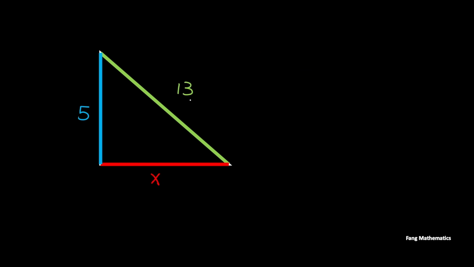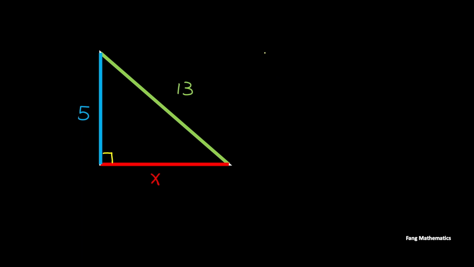Let's look at another situation where the hypotenuse is given, and given one of the legs, you are to find the length of the other. Again, you have the right angle. This is a right-angled triangle, and we are to apply Pythagoras Theorem to determine the length of the third side.